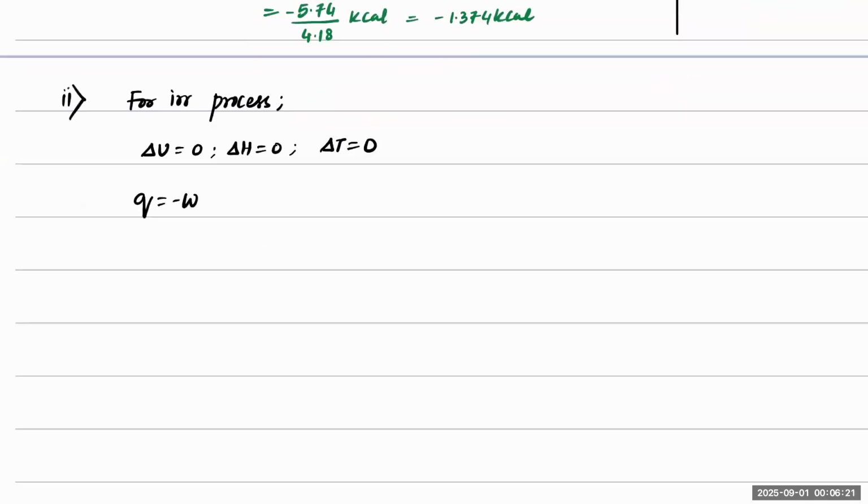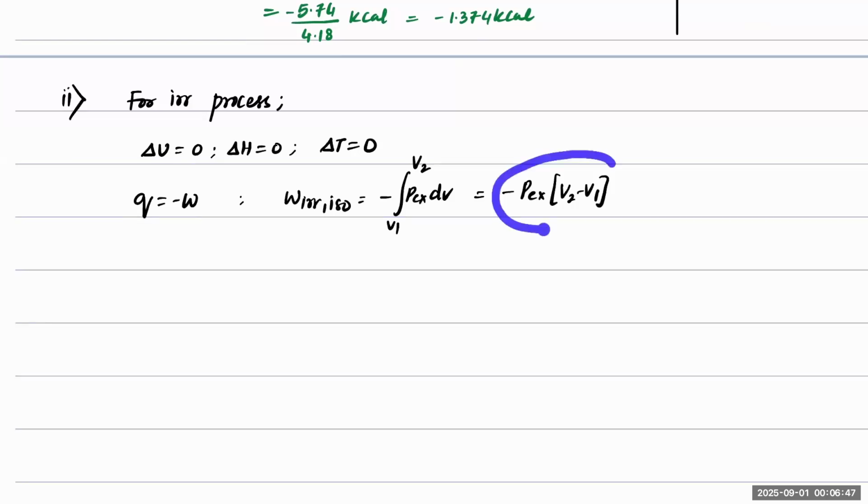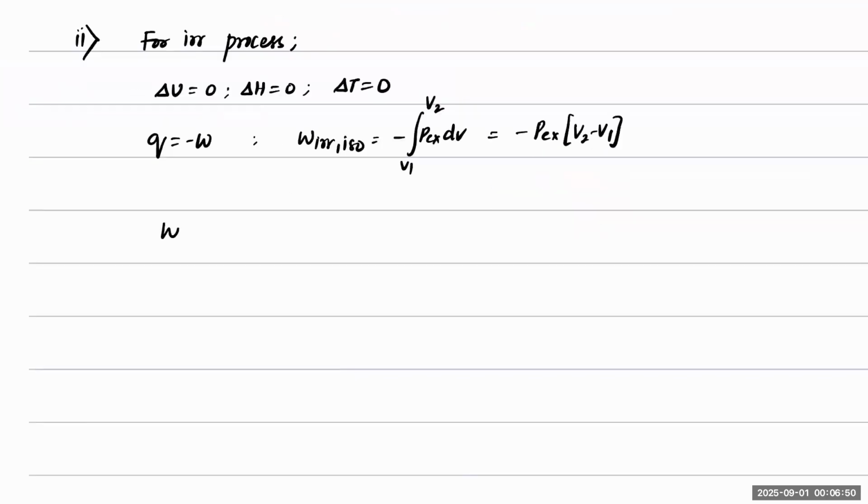Q will still be equal to minus W, but work done irreversible isothermal will simply be equal to the integral of P external dV from V1 to V2. This is a general formula. And we know that if it is irreversible, it will always happen at a constant pressure. So the pressure term can be pulled out, and W is equal to minus P external into V2 minus V1. This is the formula that we need to use. Got it? Now, here is the interesting fact.